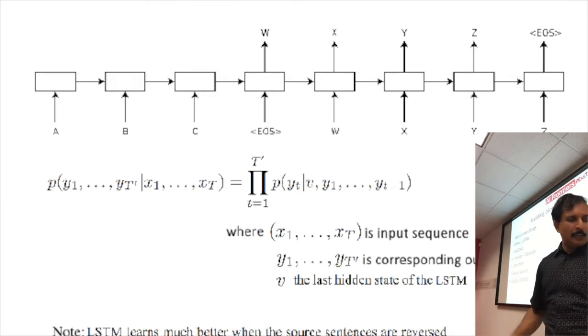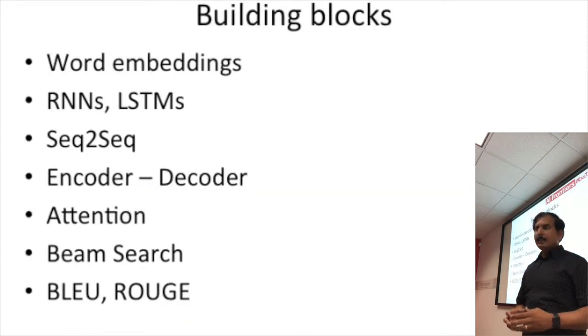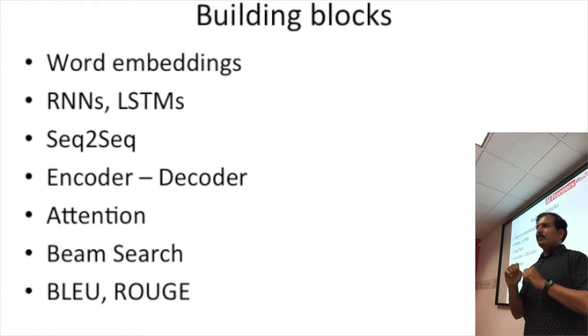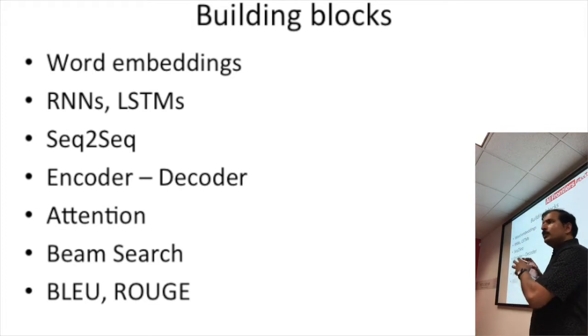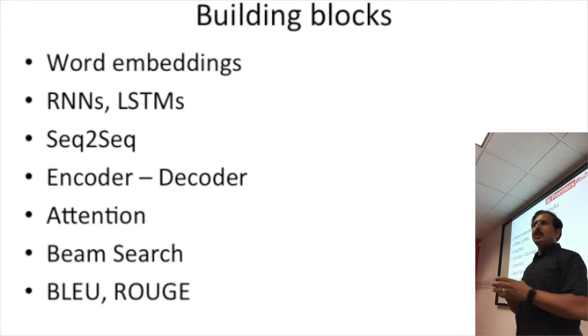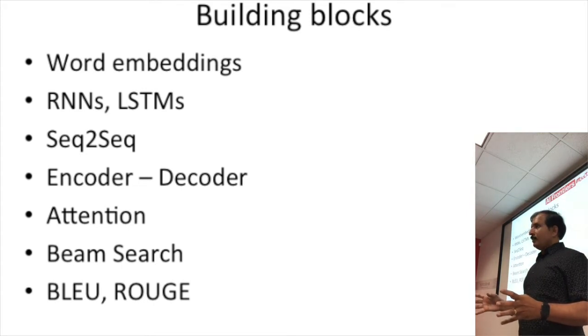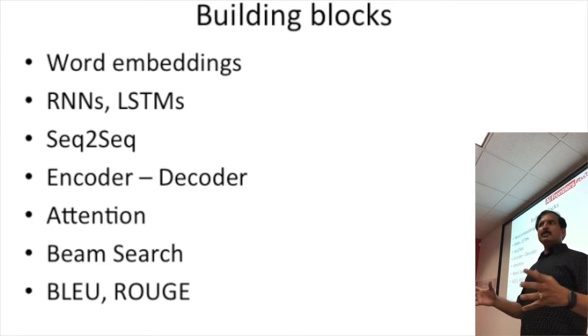So let me go back to my other building blocks. Encoder-decoder. Even though theoretical encoder-decoder models were proposed quite some time ago, the implementable encoder-decoders have become popular only in the last 3 or 4 years. For that matter, the entire NLP has become really popular only from 2013.